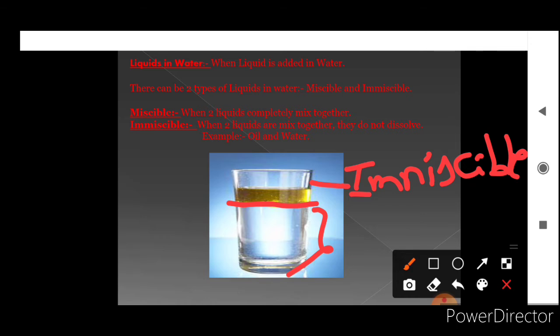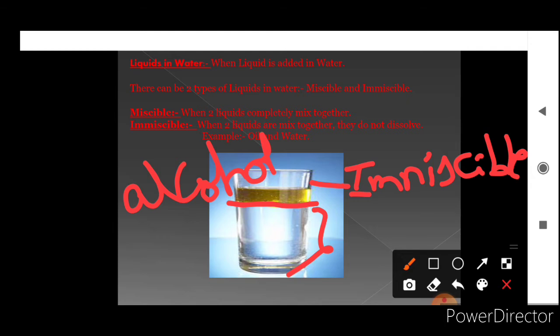And sometimes two liquids can mix with each other. Any example for that? Take alcohol, a well-known example.